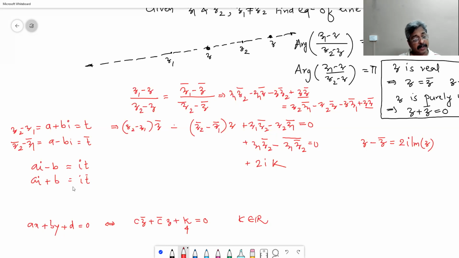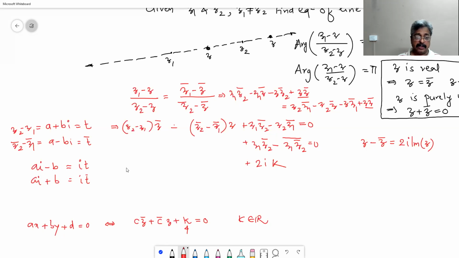This is i times t and this is i times t bar. Suppose we multiply everything by i. Then, let me write it down.